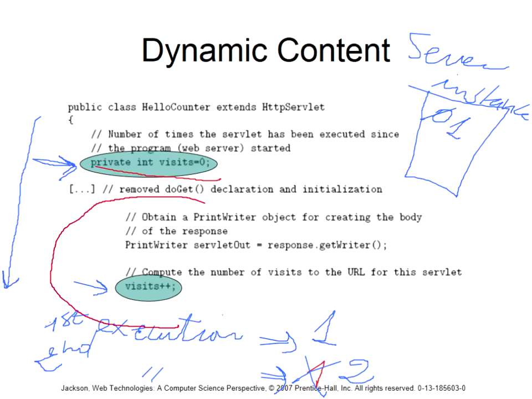So 1 plus 1 will be 2. For the third execution, we will execute only doGet. Because the server creates only one object of our servlet. So the instruction private int visits equals 0 will be executed only one time, only in the first execution. Is it clear or not?